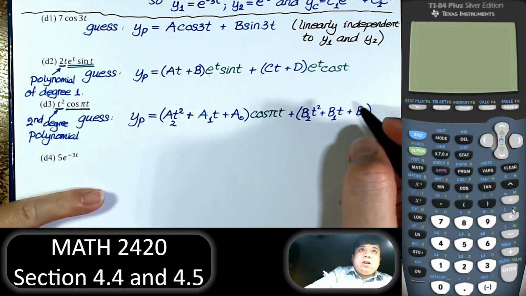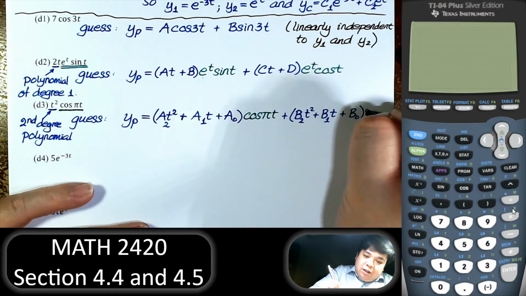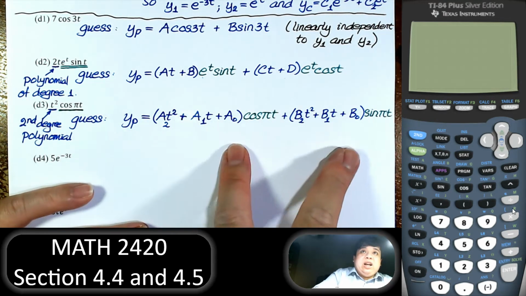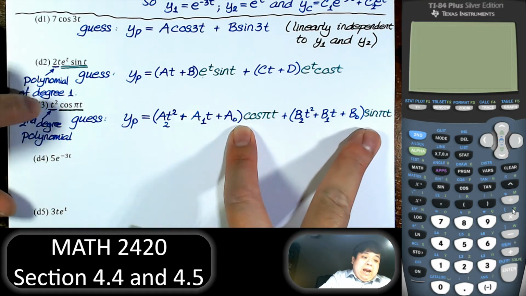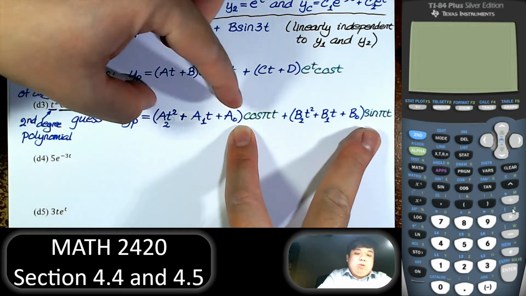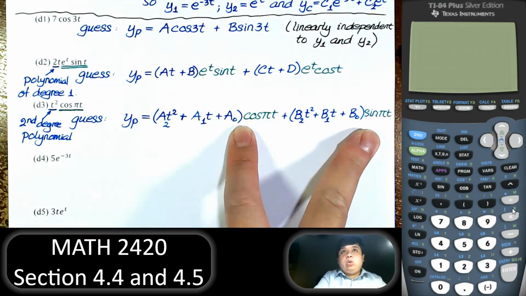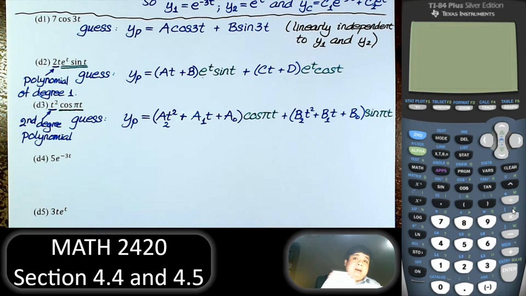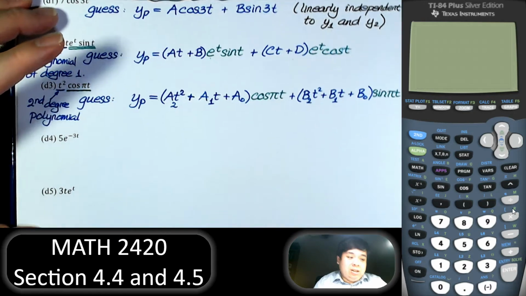And now we will have sine of pi t. Where we have either sine or cosine, the guess has to have both. And it depends on if we have a polynomial multiplied to it, we have to have the full polynomial multiplied to it. That is the guess. Of course, some of them may be 0, but the guess has to have everything. Right. Now things will get more interesting.